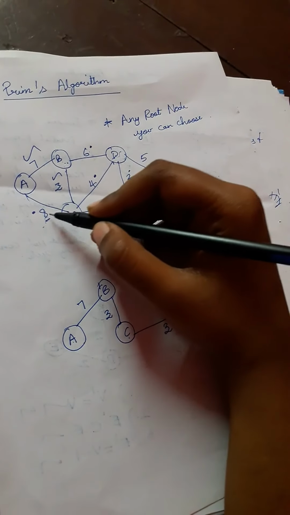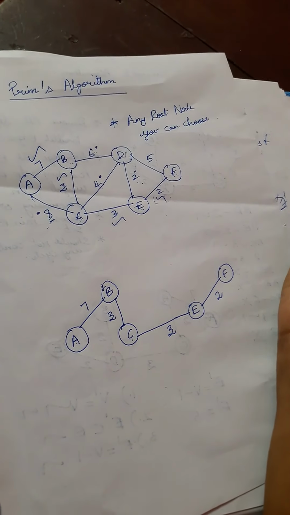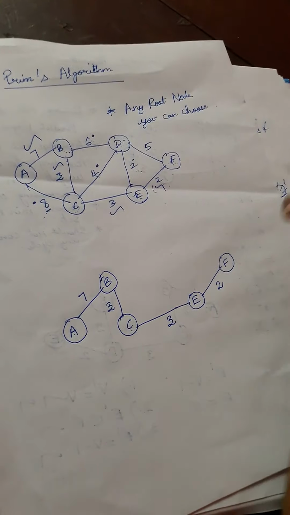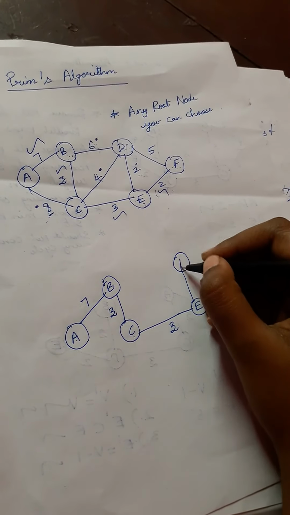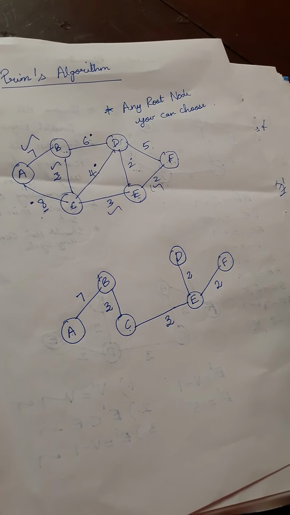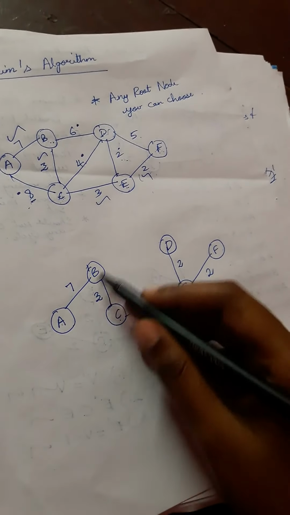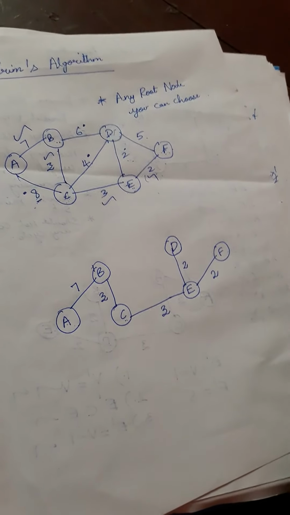Now 8, 6, 4, 2 and 5 are there. Among these, 2 is the minimum, so I will take this route. This is D, and its weight is 2. I have taken this route, so I have visited all the nodes and considered all the vertices.